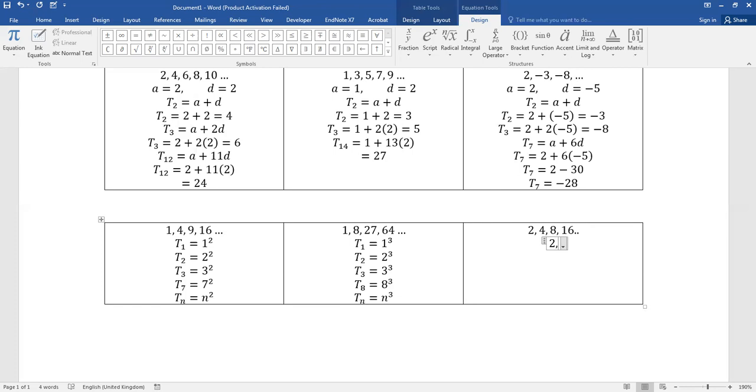If I rewrite it, I can write it as 2, 2 square, 2 cube, 2 to the power 4, and so on. The first term is 2 to the power 1, the second term is 2 to the power 2, the third term is 2 to the power 3, and the nth term will be 2 to the power n.